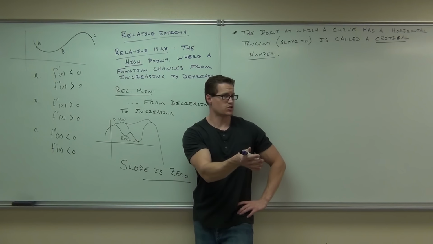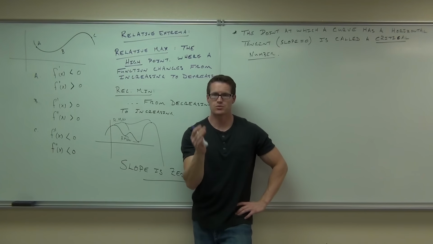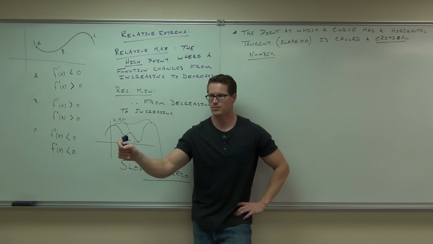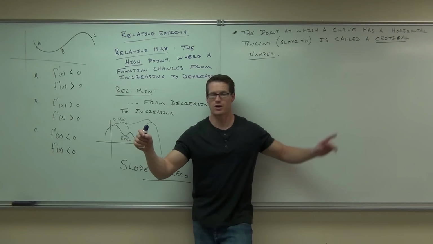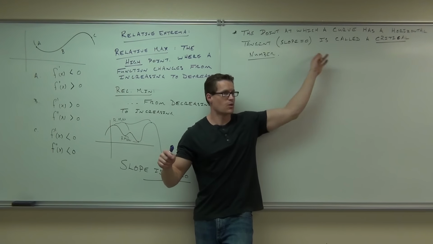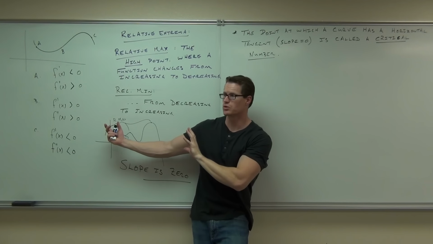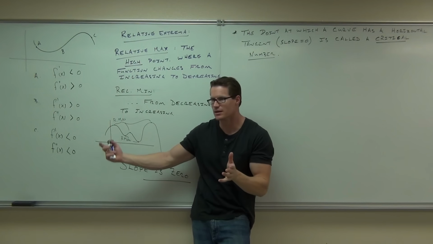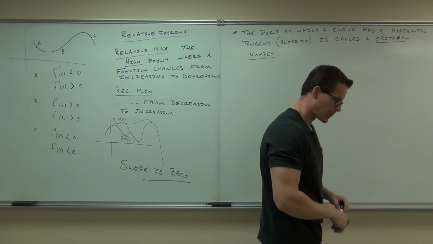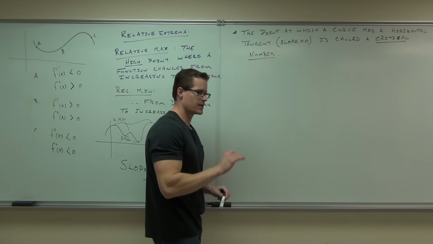So the derivative gives you slope, true? If I take the derivative and I set it equal to 0, I'm going to find out all the places where all the critical numbers where my slope equals 0. Do you follow me on that? That's going to give me all my potential relative maxes and mins. That's the idea. So to find your critical numbers, we're going to take the first derivative and set it equal to 0.